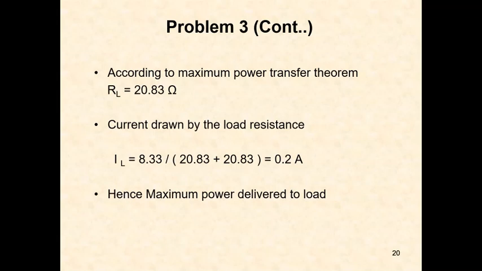What is I? 0.2 amps. What is RL? It is 20.83. So I squared RL is equal to 0.2 squared into 20.83, which is equal to 0.833 watts.